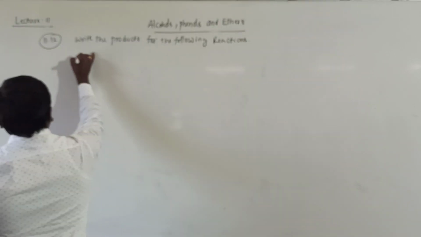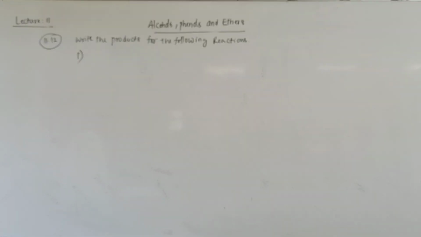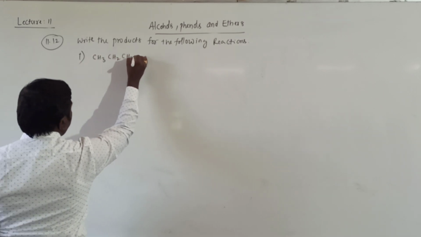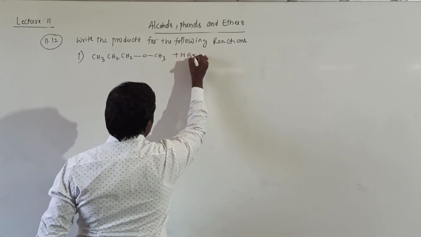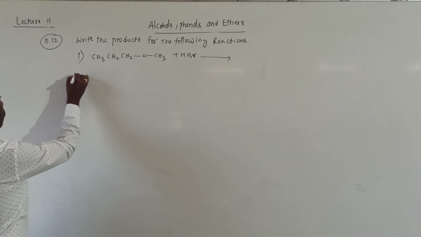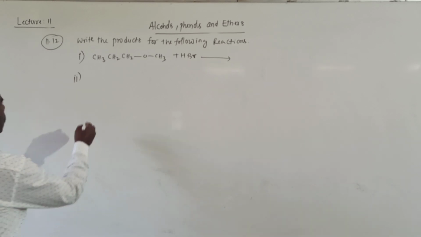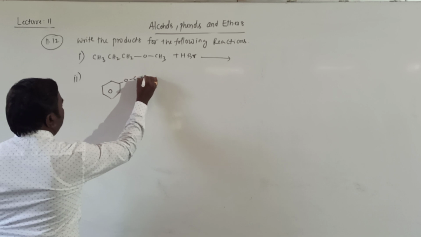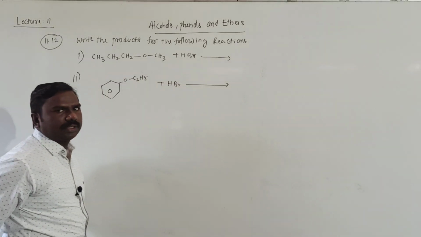The first one is CH3CH2CH2OCH3 plus HBr, what is the product? The second one is OC2H5 plus HBr, what is the product?